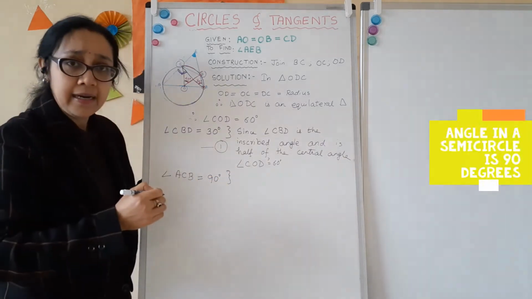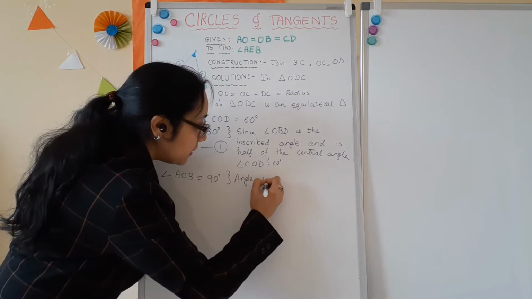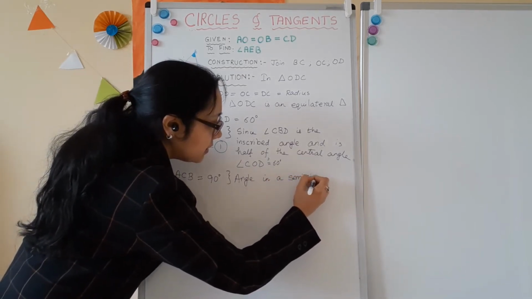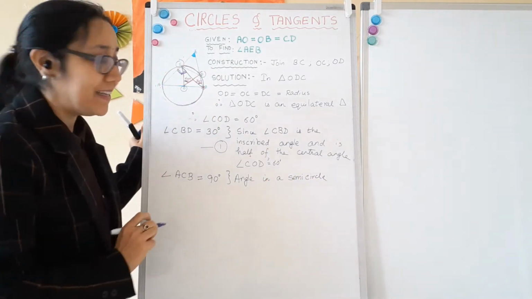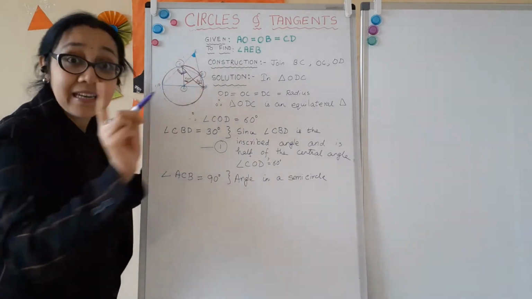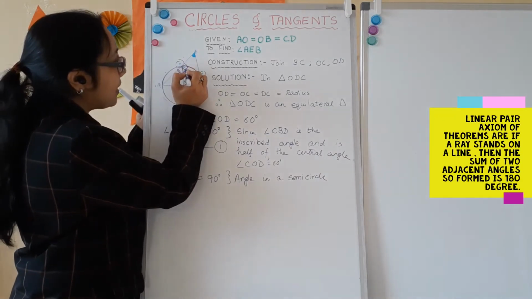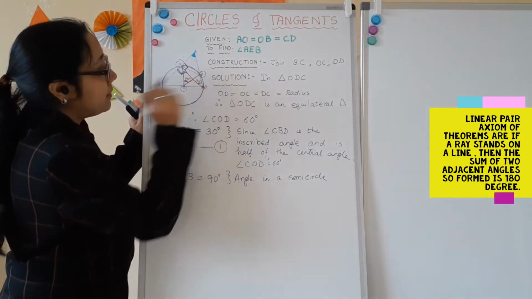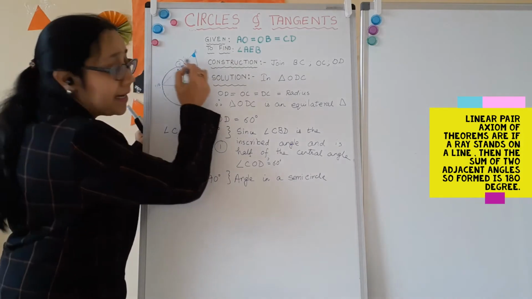What reason you will write? You will write angle in a semicircle, right? So angle in a semicircle becomes 90 degree. So this is 90 degree, and ACE is a line segment, so we know that angle on a line segment, linear pair axiom, angle ECB is also 90 degree because the whole angle will be 180 degree.